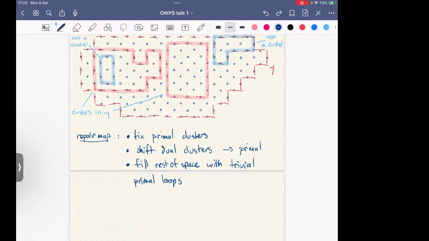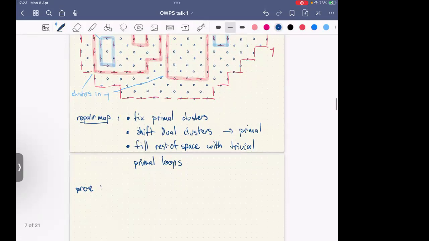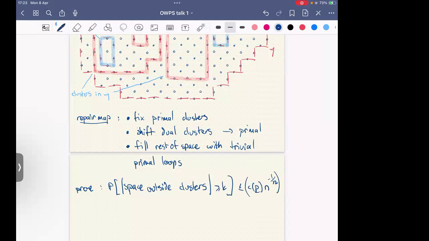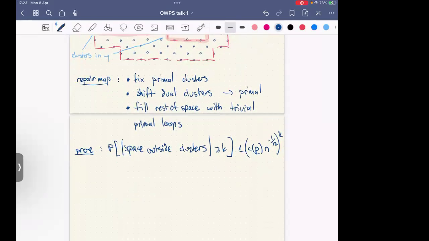So this is going to allow us to prove that the probability that the space outside of the clusters is small. In particular, the probability that it's bigger or equal k is less or equal some constant, again, n to the minus 12 to the k. Nice. And then that is going to give us what we want, right?